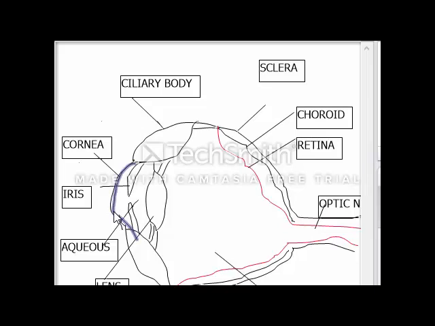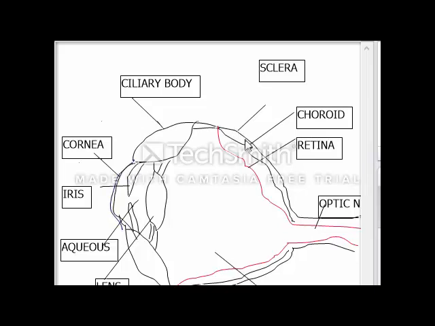The cornea is a transparent structure that allows the light to pass into the eye, while the sclera is a tough fibrous structure that protects the eye. The two of them form the corneoscleral coat, and they meet at a point that is called the limbus. It's an annular junction where the cornea and the sclera meet.